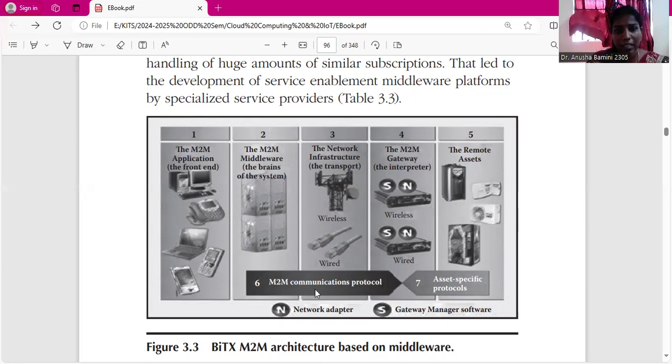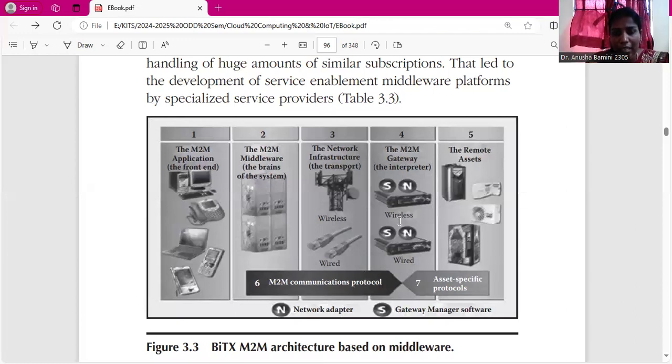Then the sixth thing is the M2M communication protocol, then the asset specific protocol. You all know about protocol, which means some rules or platforms used for a service provider, and on the service provider side, the rules and regulations we are using are called the M2M communication protocol.